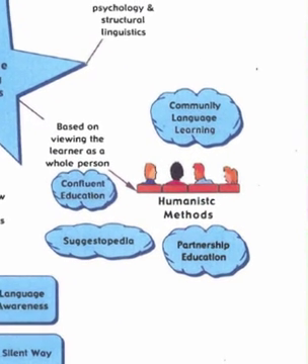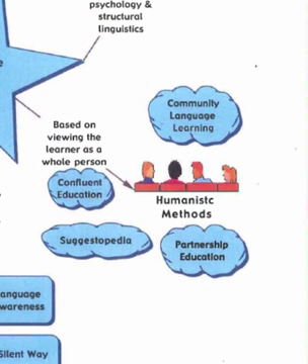Secondly, we can look at humanistic methods. These all came to the fore in the 1970s, and some of the ideas were borrowed from popular psychology and also from general education. So the basic view was that the learner is a whole person, not just a brain, but a person with interests and needs and emotions.